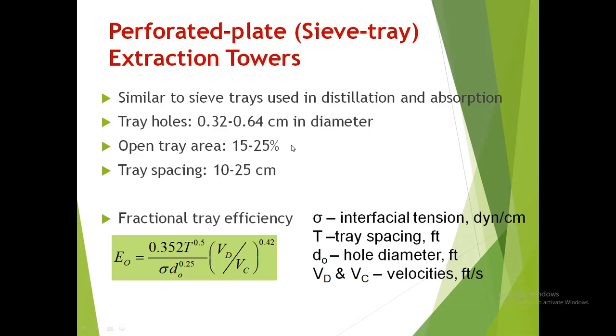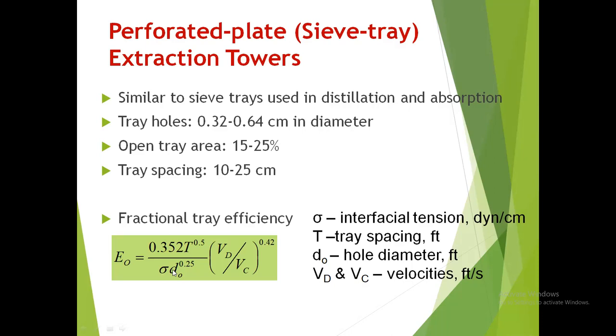Now, how are the trays spaced? The spacing is 10 to 25 centimeters. In terms of the fractional tray efficiency for this extraction tower, you're given the formula here: 0.352 T raised to 0.5, divided by the sigma, the interfacial tension, D sub O raised to 0.25, times the ratio of V sub D and V sub C raised to 0.42.